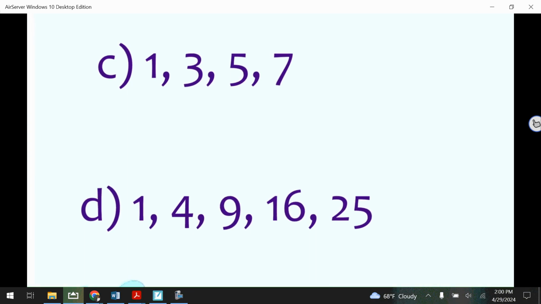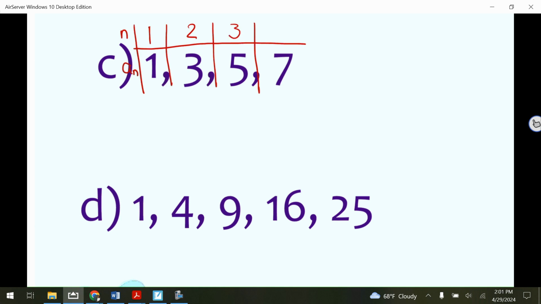So let's do some more. This next one, again, just to make my life easier, I'm going to make a little table out of it. And again, what we're doing is writing the equation that has this as its sequence. So I'm going to write n and a sub n. So this is the first term, second term, third term, fourth term.